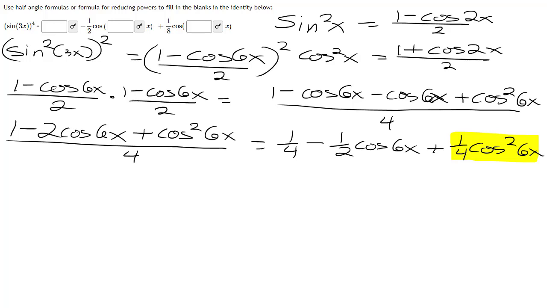We're doing it with this, and of course the 1/4 is still there, so we put a 1/4 in front of this whole thing. And x goes to 2x, meaning our 6x will go to 12x. So this piece becomes 1/4 times the fraction 1 plus cosine of 12x, because it's 2 times the 6x, all over 2.